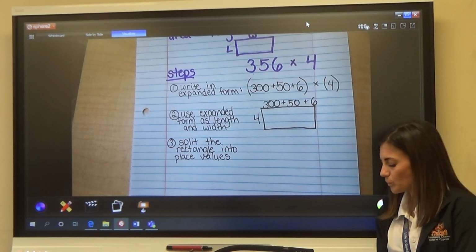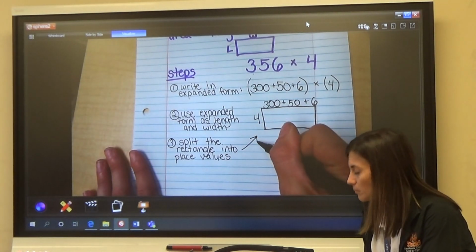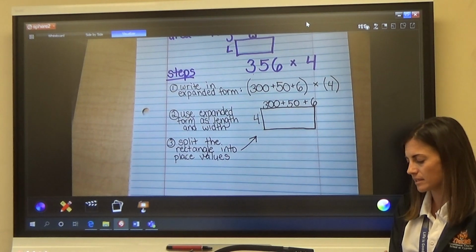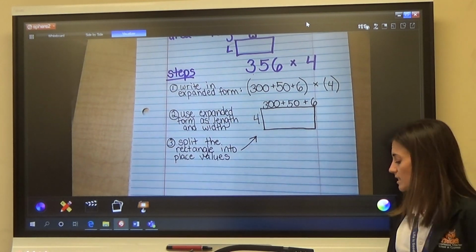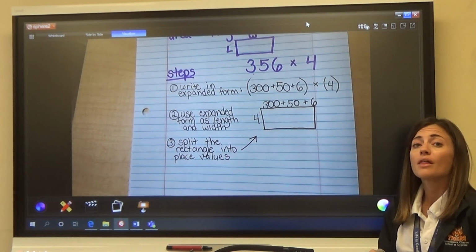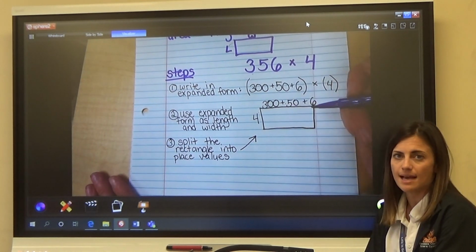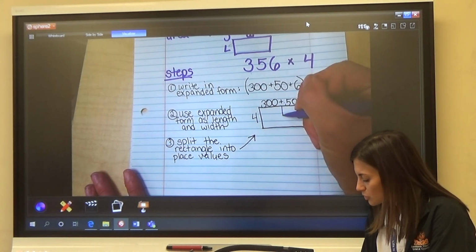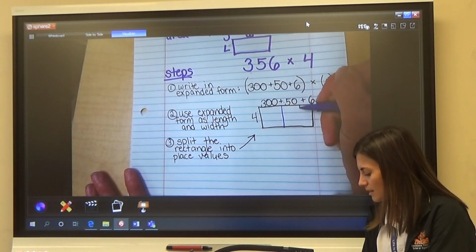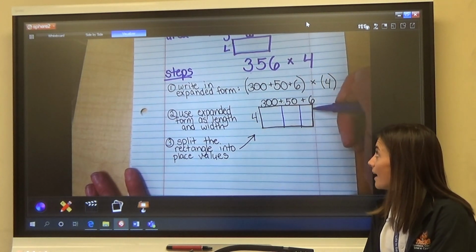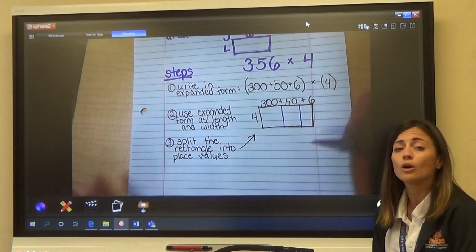So in this situation, I'm going to use the same box to show you what that means. We are going to split a box by drawing a line straight down from every plus sign. So that means that this section is our hundreds, this section is our tens, and this section is going to be our ones.